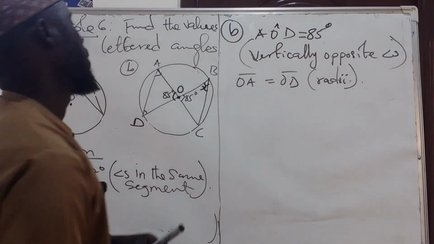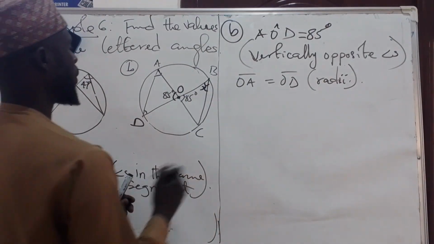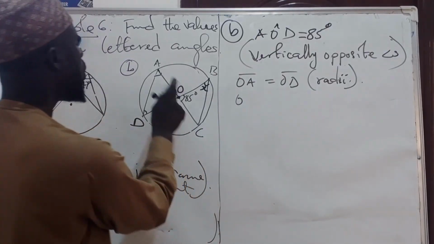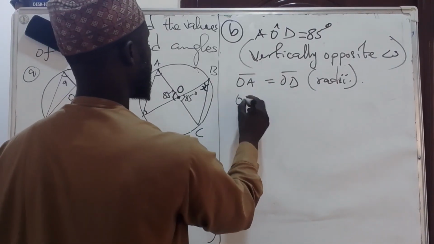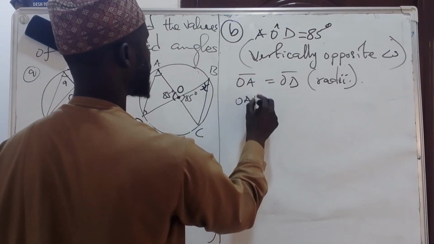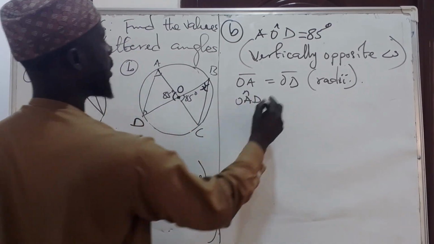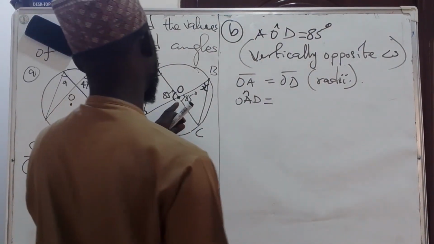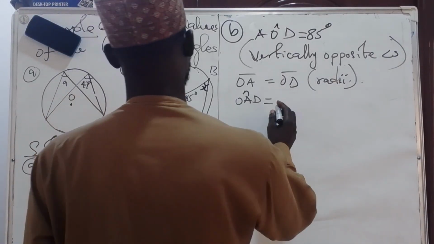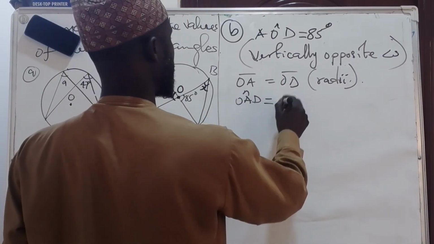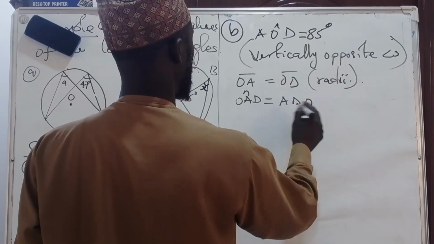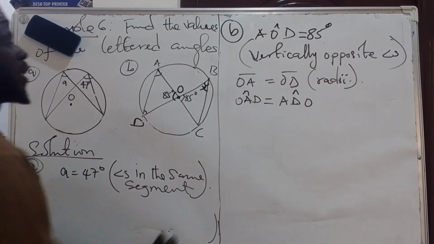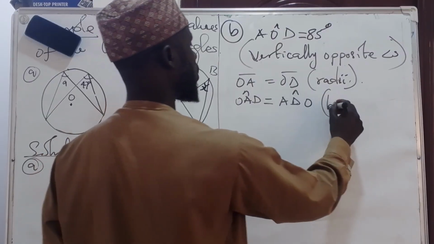Therefore angle OAD is equal to angle ODA, or angle ADO. These angles are equal. Reason: base angles of isosceles triangle.